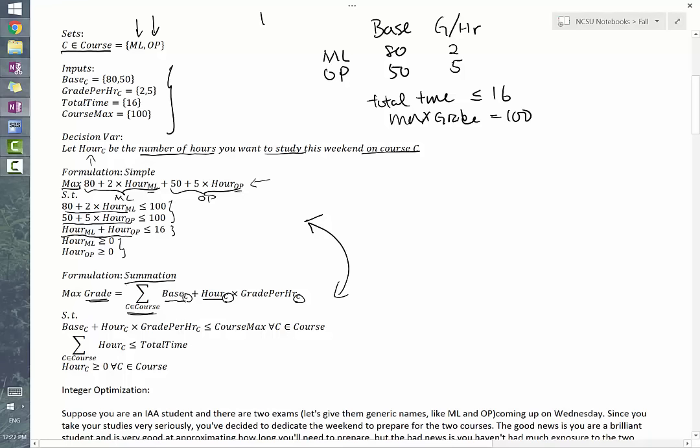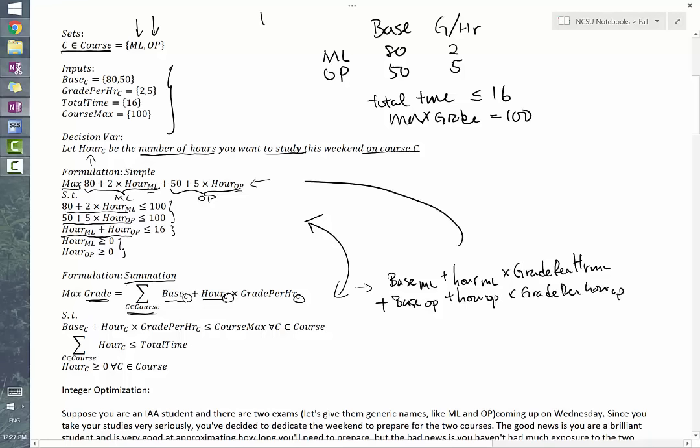So if we really expand this out, we're going to get base ML plus hour ML multiplied by grade per hour ML plus base OP plus hour OP multiplied by grade per hour OP, which is exactly what we had here.